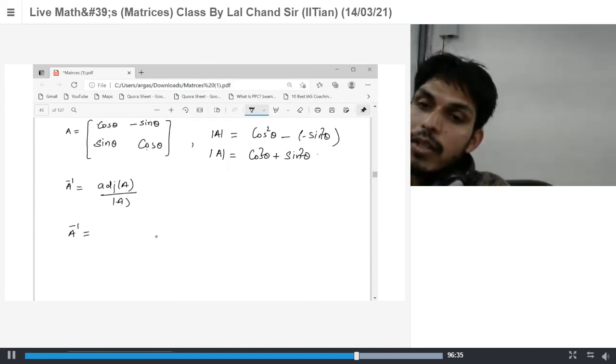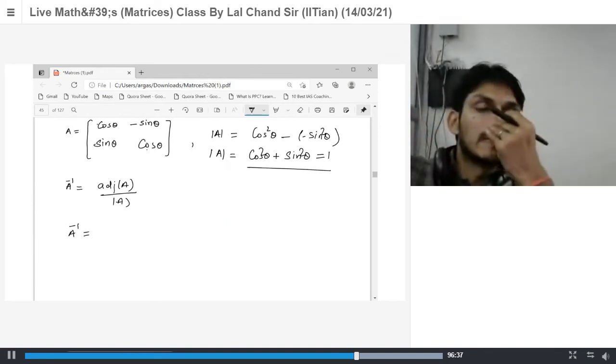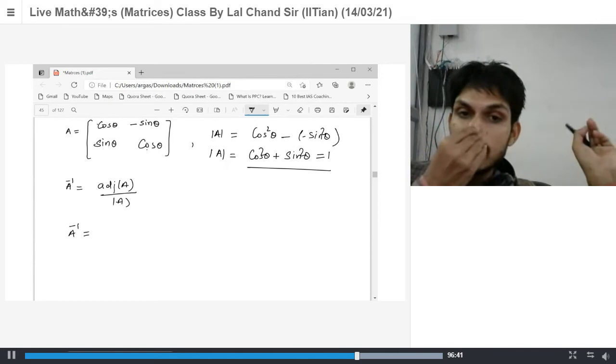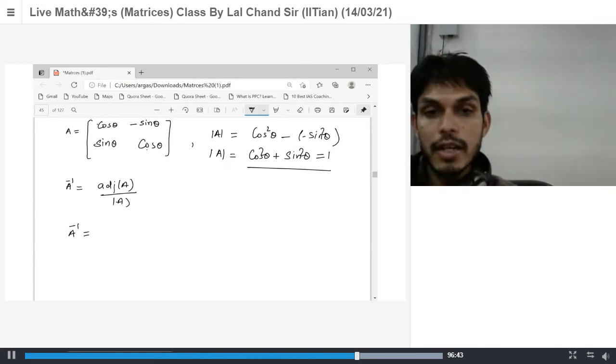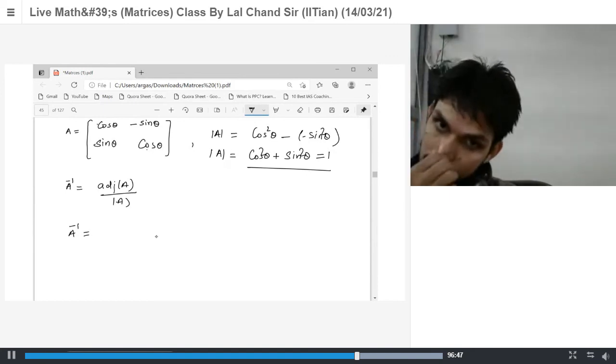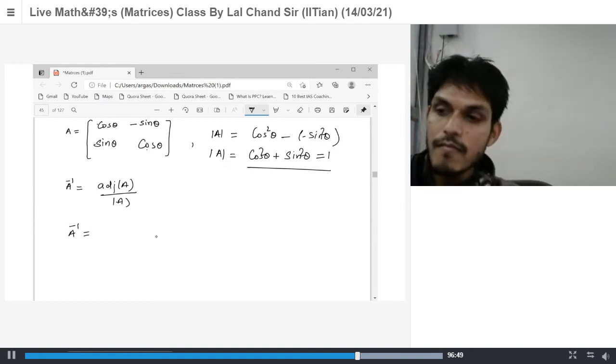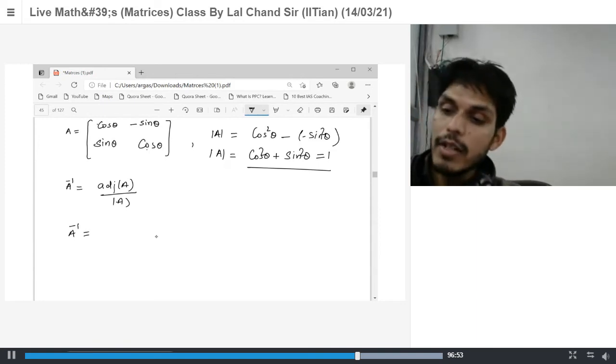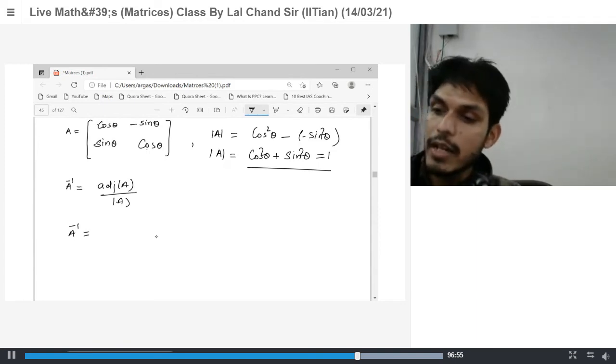So this value is equal to 1, isn't it? So can anyone tell me what is the value of A inverse directly?